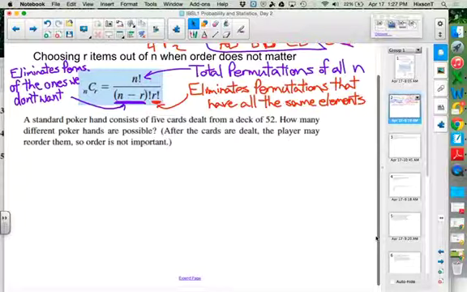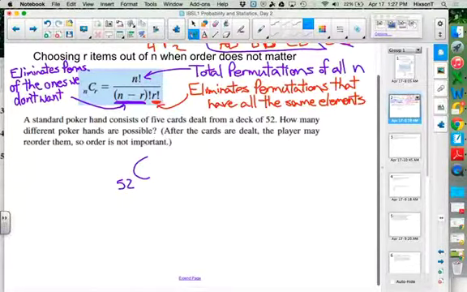So what are we actually calculating here? A combination. What's n? 52. What's r? 5. Because we have 52 and we are combining any 5 of them. You can also read this as 52 choose 5.